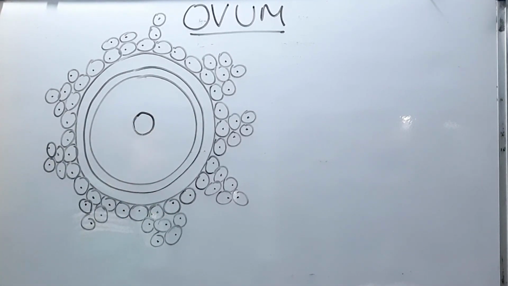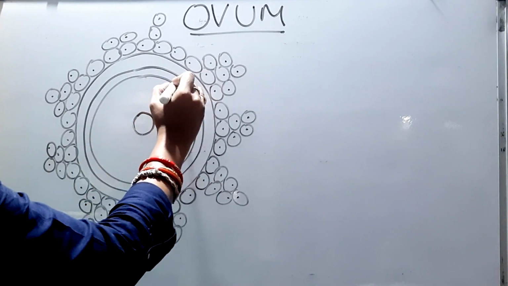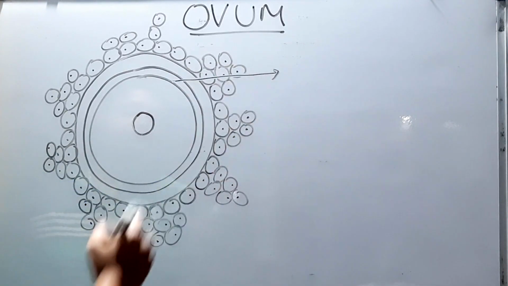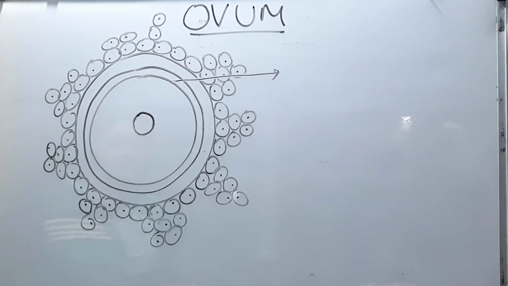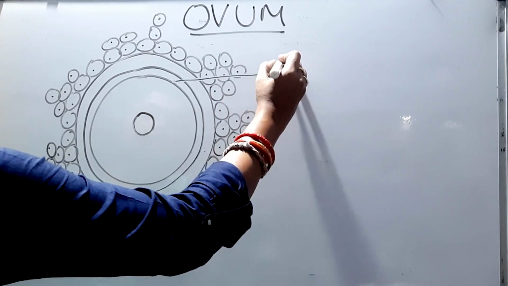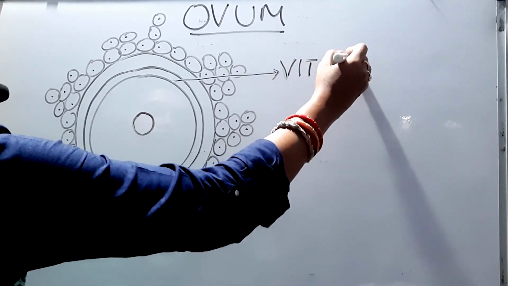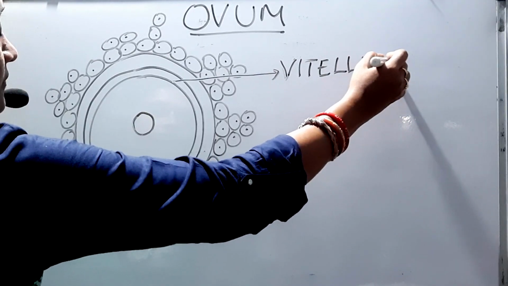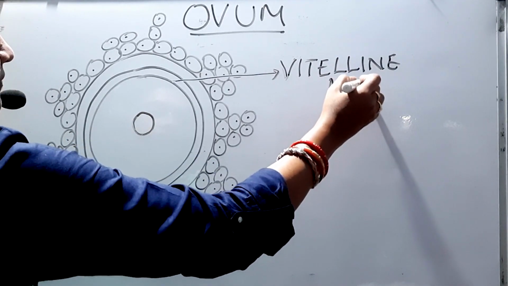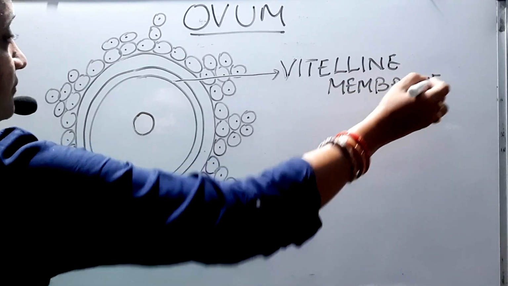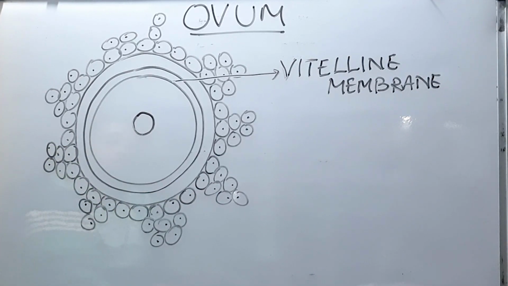What are the parts to be labeled? The innermost membrane, which is the plasma membrane, is known as vitelline membrane. Outer to the vitelline membrane, there are two more egg coats.